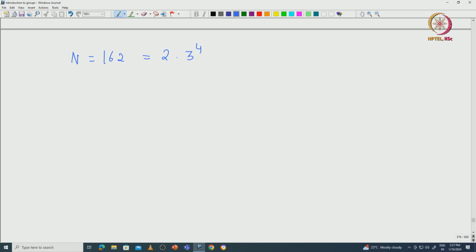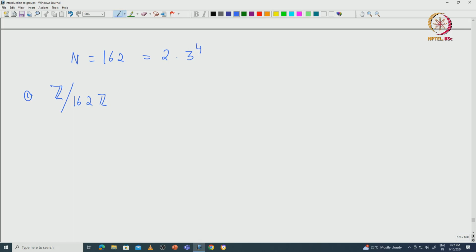Now, there are many interesting finite abelian groups that have this order. One such group you can take, as a first example, is the cyclic group of order 162 itself. If you take Z modulo 162Z, that is an abelian group of order 162.